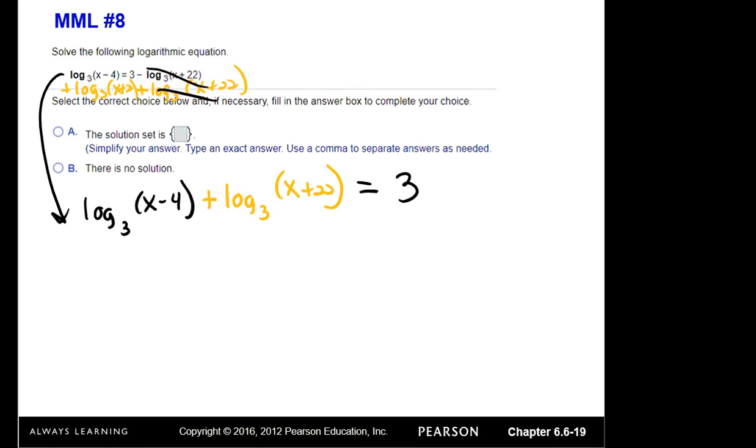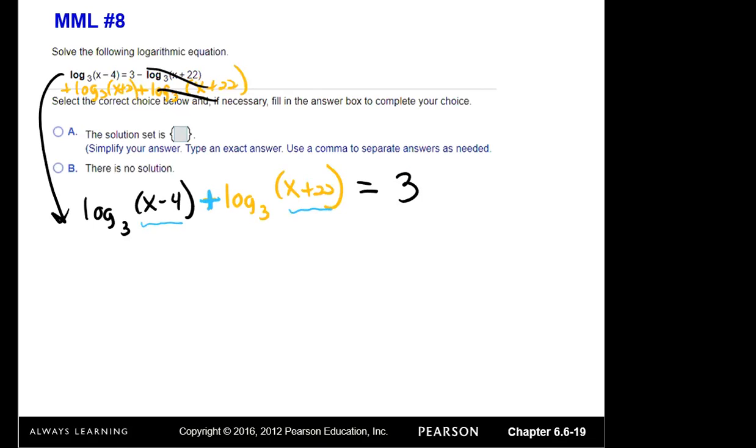Now I'm going to condense it down to a single logarithm. Because they're being added right here, you're going to multiply your x minus 4 times your x plus 22. So it's a single log.